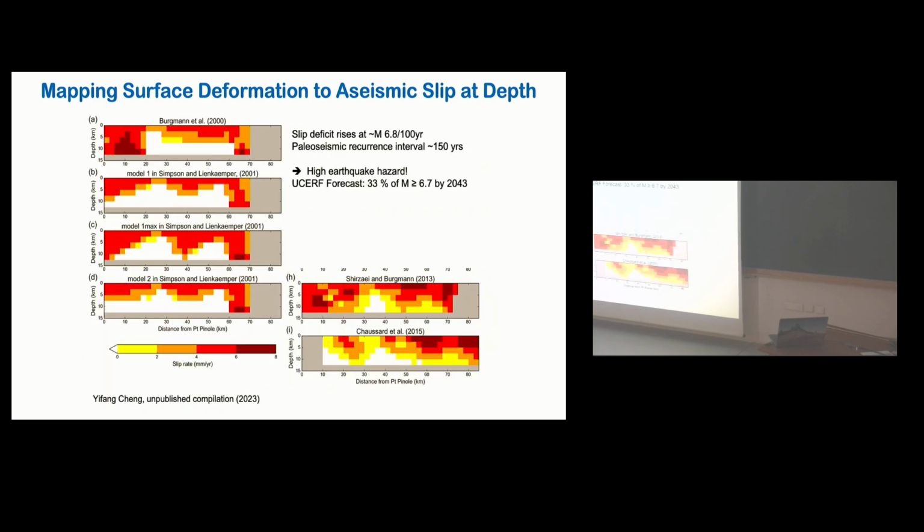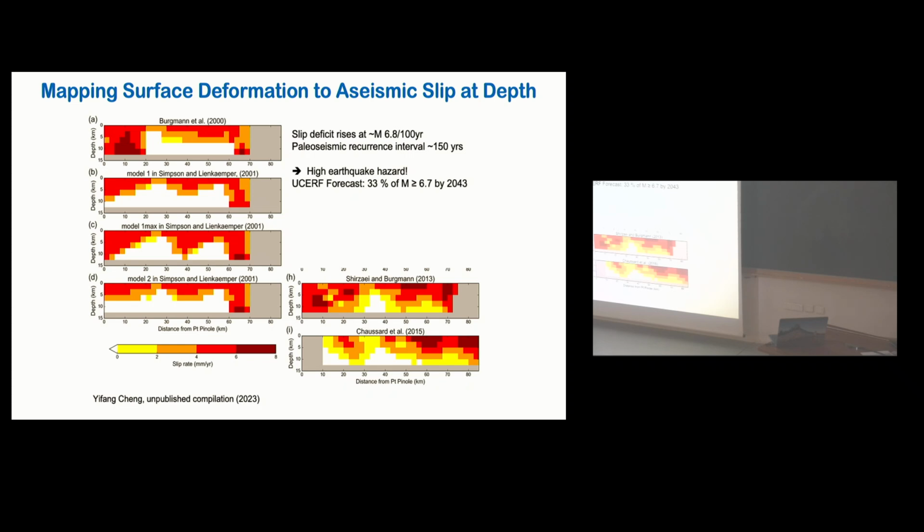Over the decades, there have been various studies, even more than the ones I'm showing here, with variable results depending on which data were used, what kind of modeling approach was used. But they all agree that there is part of the fault where essentially there's probably no slip at all.